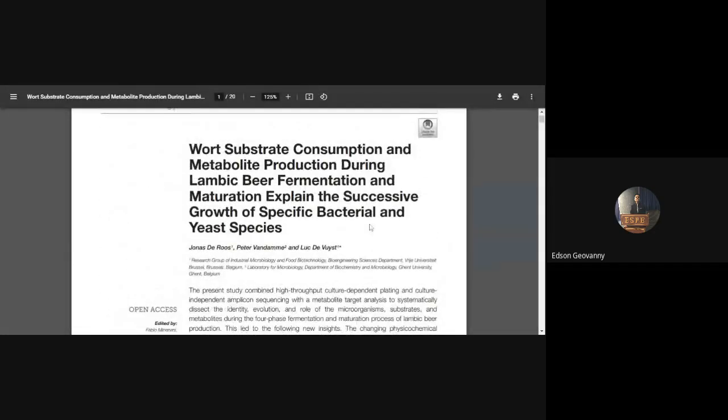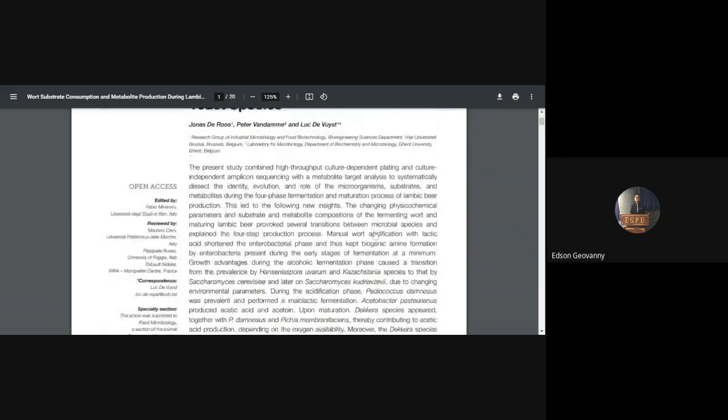My topic is Wort substrate consumption and metabolite production during lambic beer fermentation and maturation explained the successive growth of specific bacterial and yeast species.